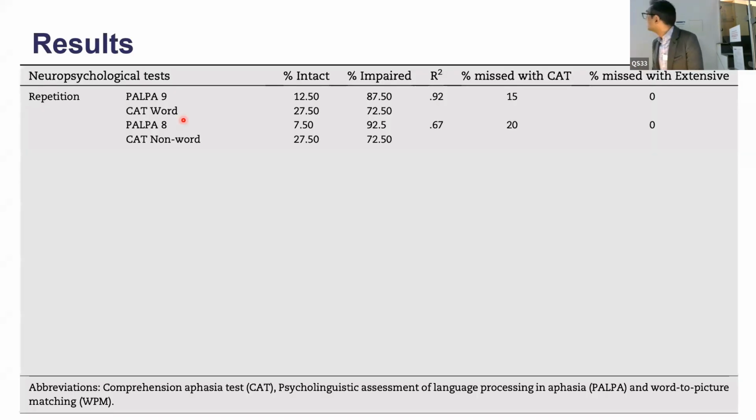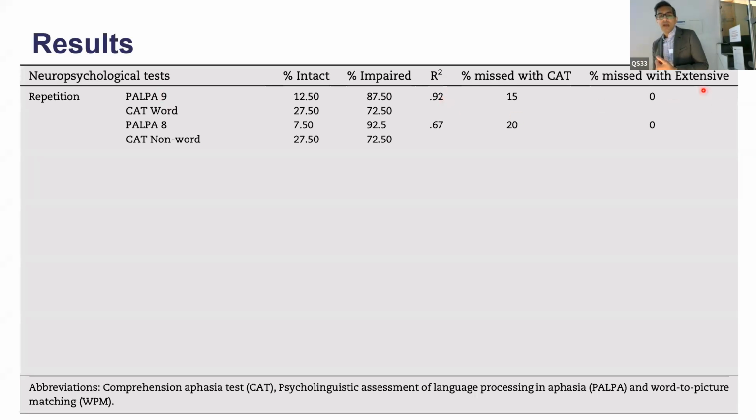So this is how I'm going to display the results. Hopefully it's large enough for you all to see at the back. So we have the PALPA 9, which is just a word repetition task. We matched it with the CAT's word repetition task. And here we've got the percent that was marked as intact, or in the normal range, and in the impaired range, and the correlation, the R squared.